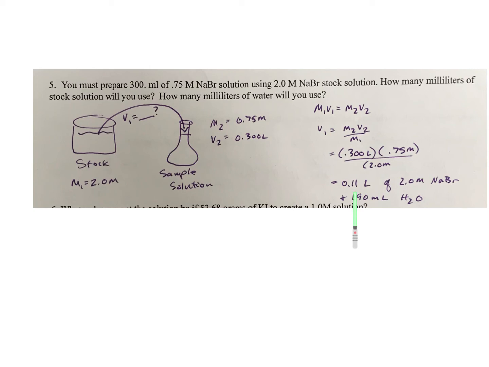Since you're using sodium bromide, you need 0.11 liters of the original. And since you're trying to make 300 milliliters, 300 is the total, which is supposed to equal 110 plus how much water? So 300 minus 110 is equal to a volume of water of 190.